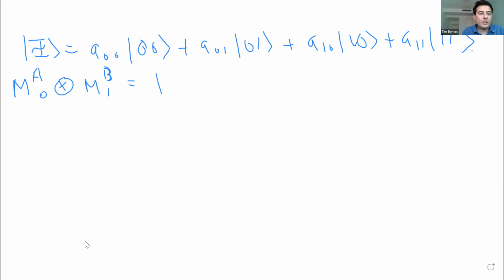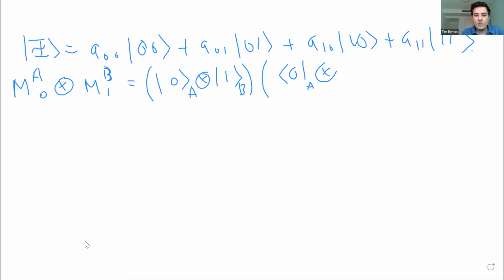Basically what that is, is 0 tensor product 1, and then the conjugate version. And sometimes it's confusing to know which state is what, so I'm going to put Alice and Bob there. Another way to write this is simply 0, 1, and 0, 1.